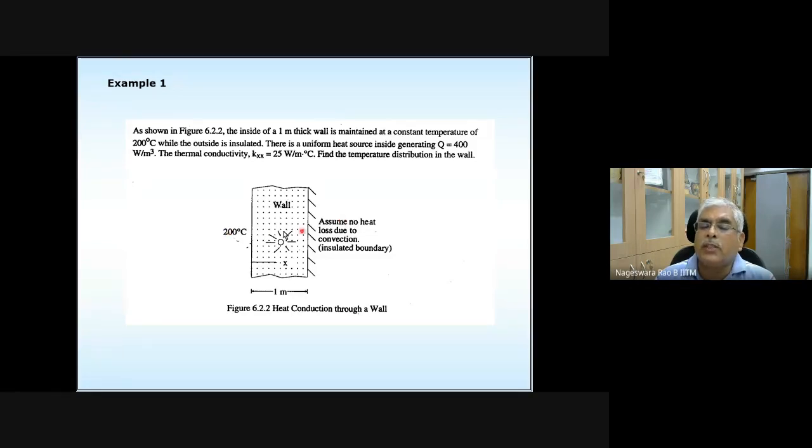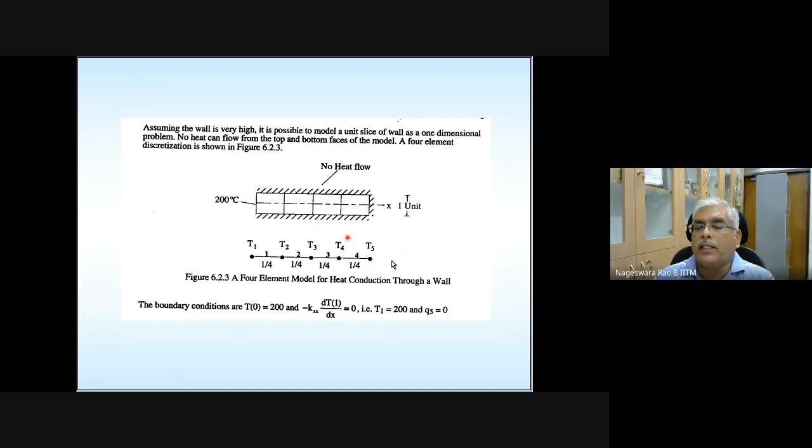So with that kind of situation, how is the temperature going to vary across the thickness of the wall? And if the height of the wall is very long, it can be treated as a one-dimensional problem, and that is illustrated here. You can go through it if somebody is interested.